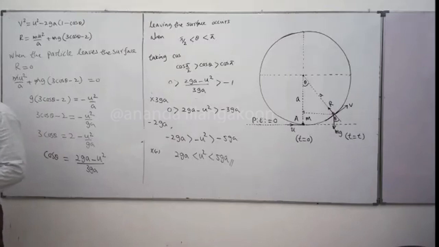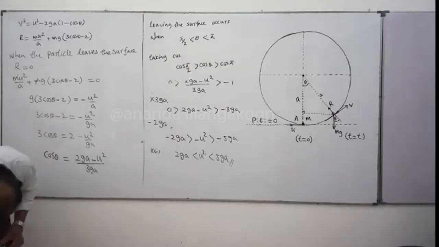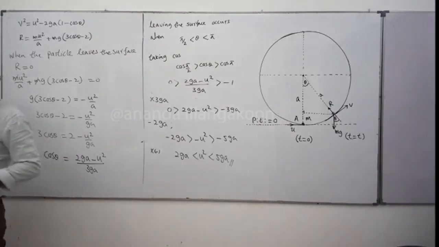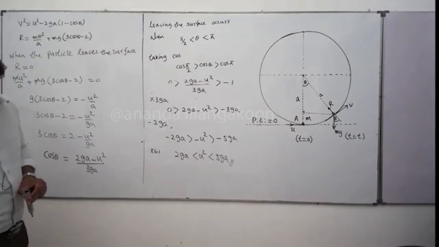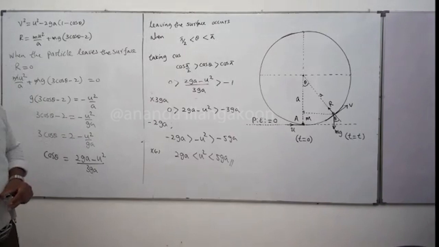We come to the next part. Read the next part. Now here, show that the minimum of R occurs at theta equals pi and find the minimum R. Hence deduce that if u squared is greater than 5 g a, the particle describes complete circles.